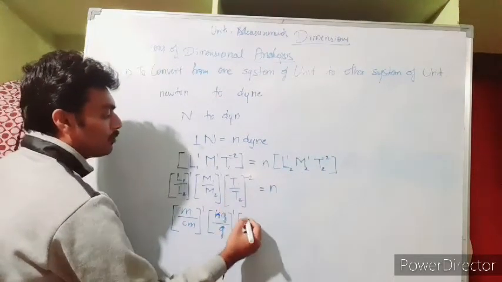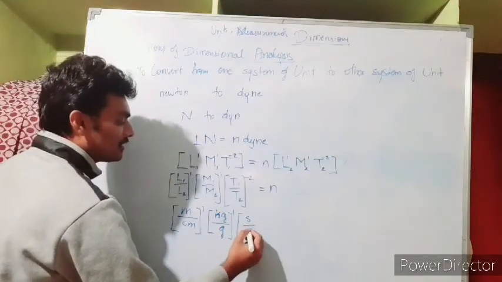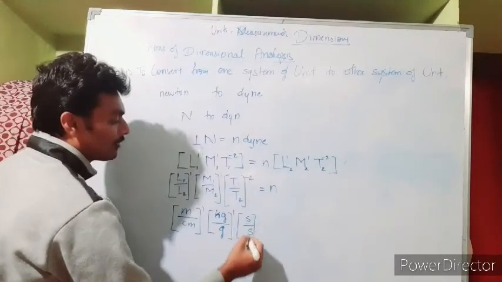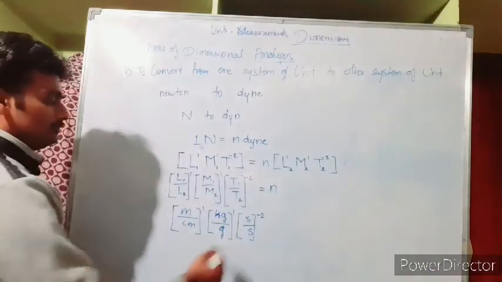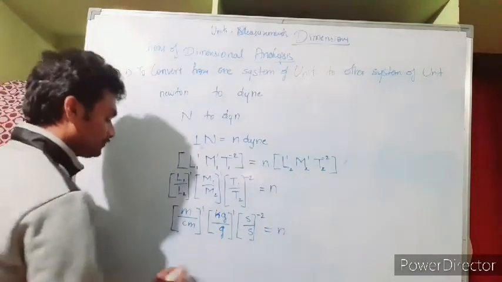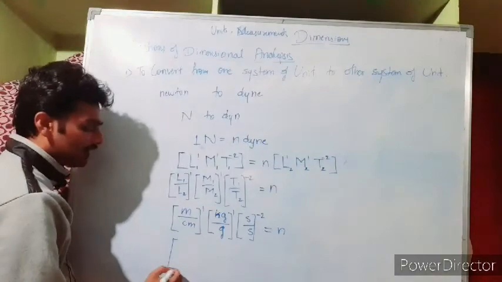And both in SI system and in CGS system the time unit is the same, second, so they are going to remain the same, is equal to n.